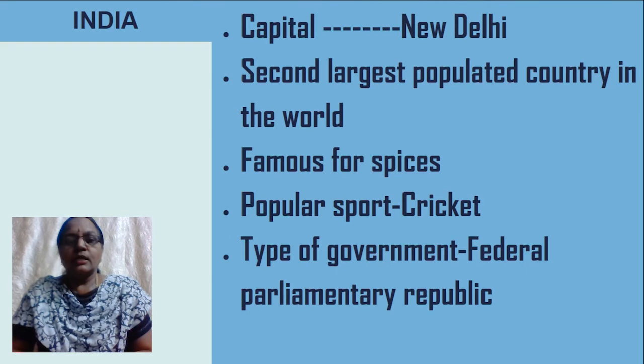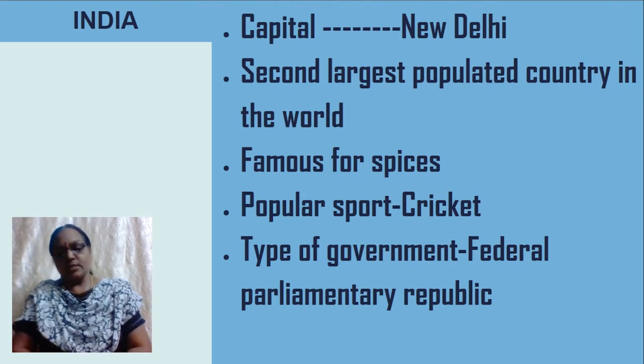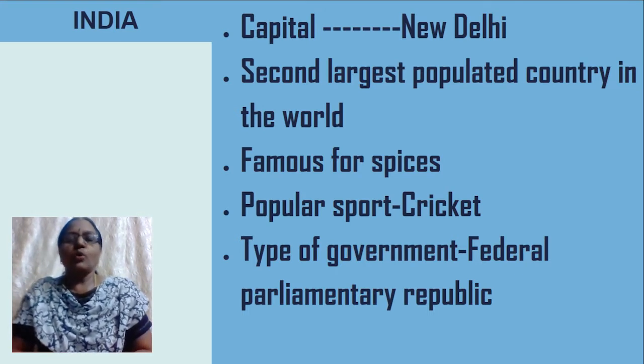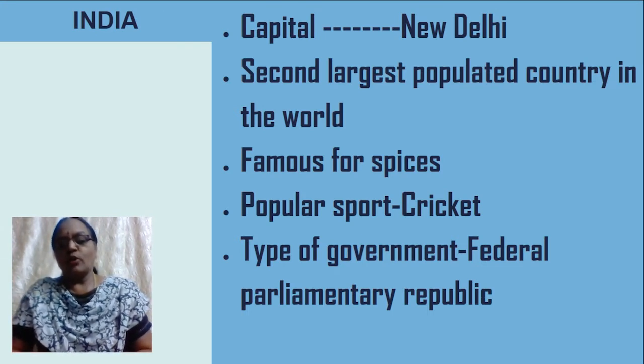Now, India. All of you are very familiar with the capital of India. What is it? It is New Delhi. And India is the second most populated country in the world. India is famous for spices, and that's the reason for many discoveries being made.